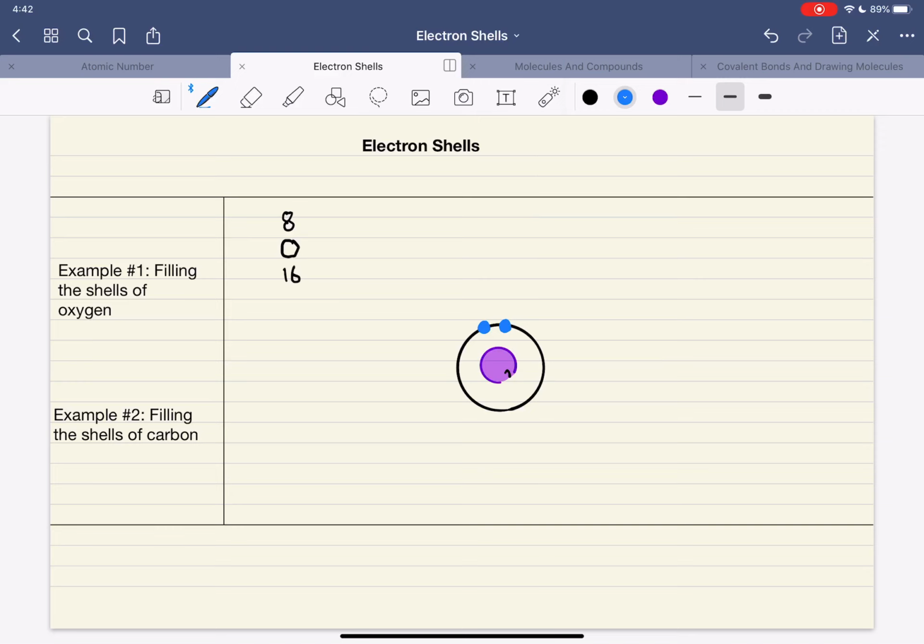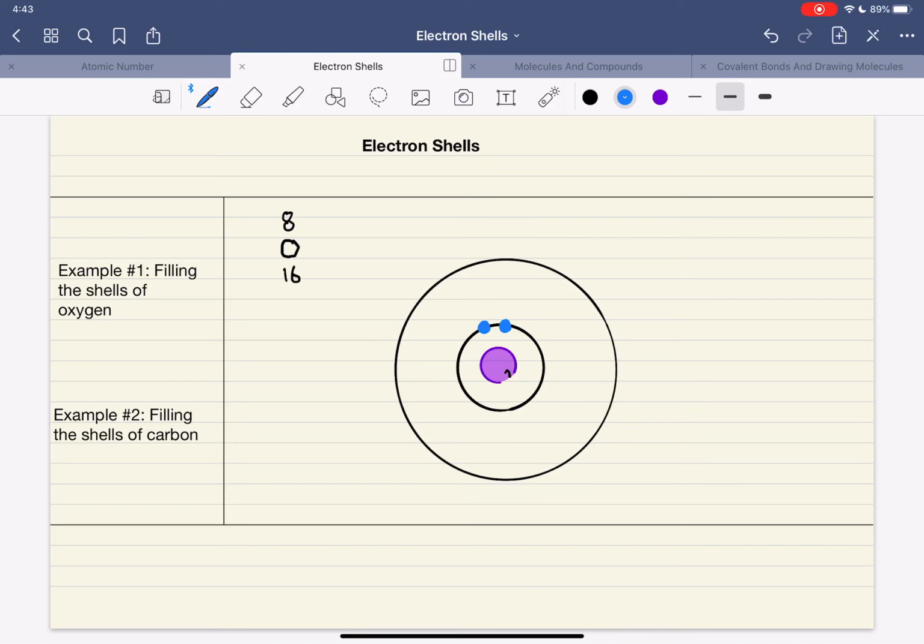So we need to draw a second shell. Now here's the trick. You don't just put these electrons in the second shell anywhere. There's a particular way you have to do it.